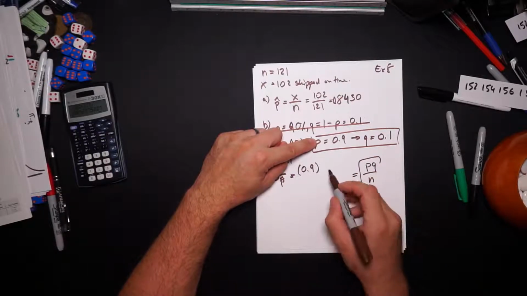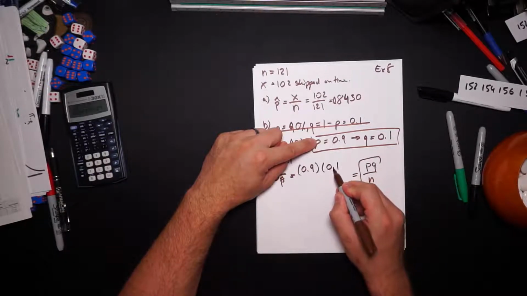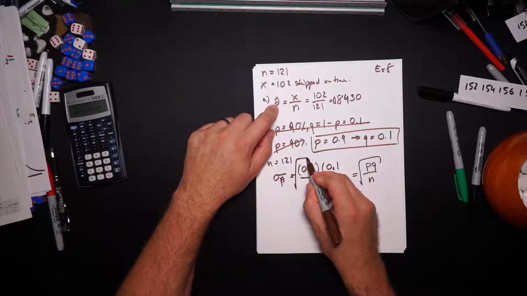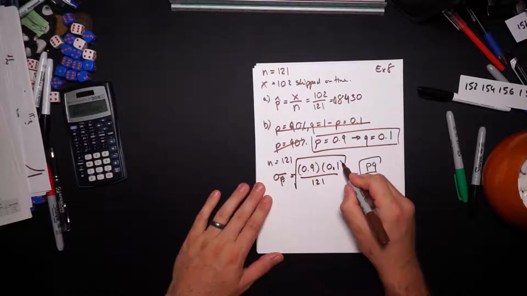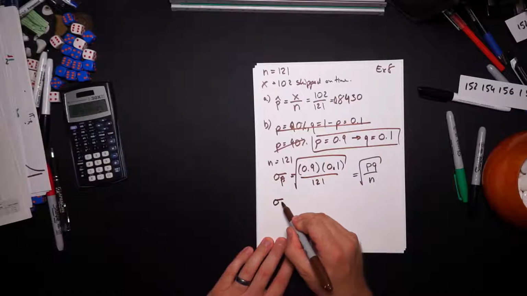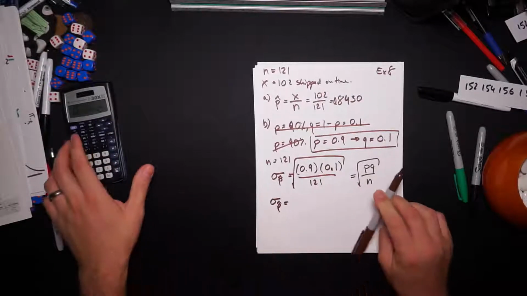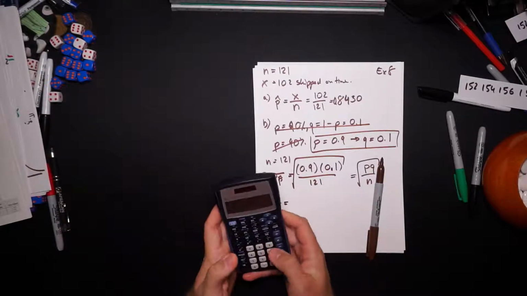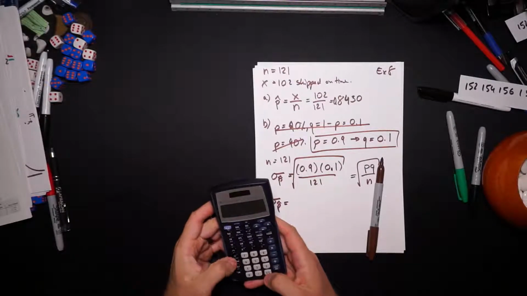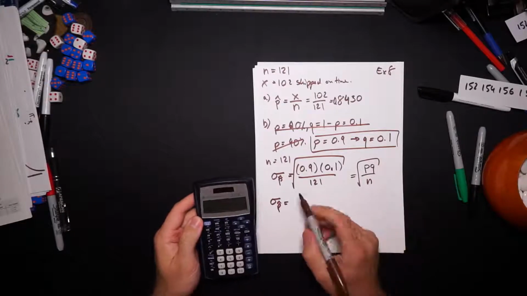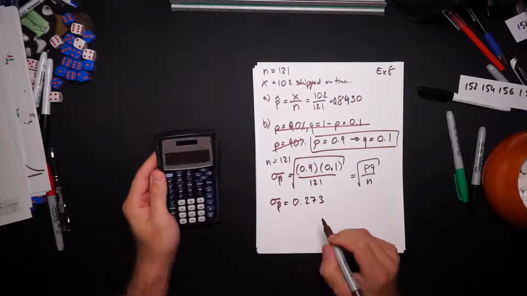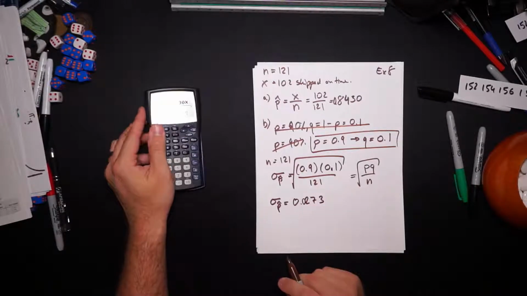So this is what we're looking for, with 121. So this is what we're looking at. We get 0.0273.